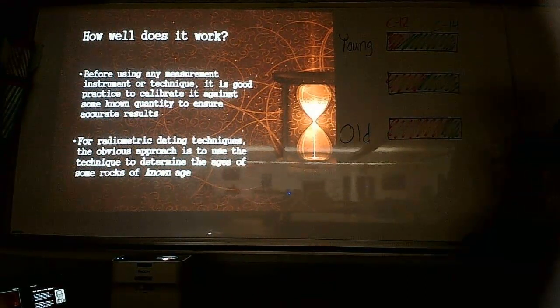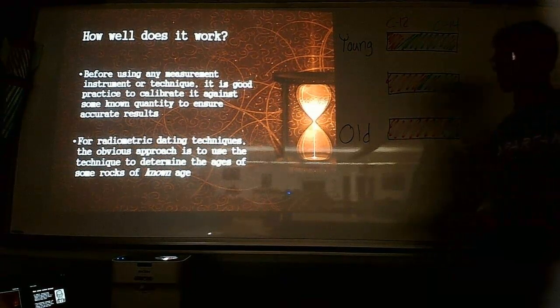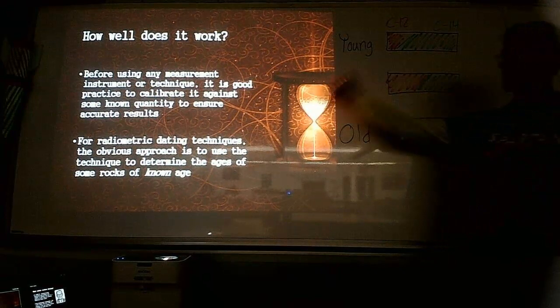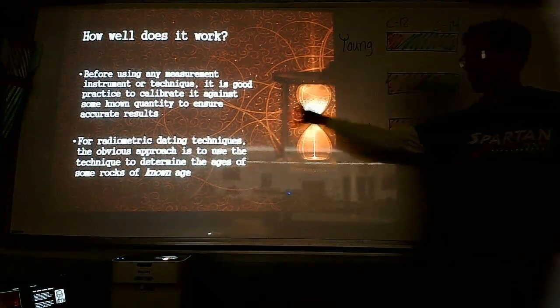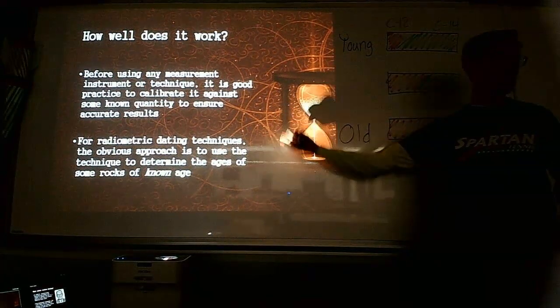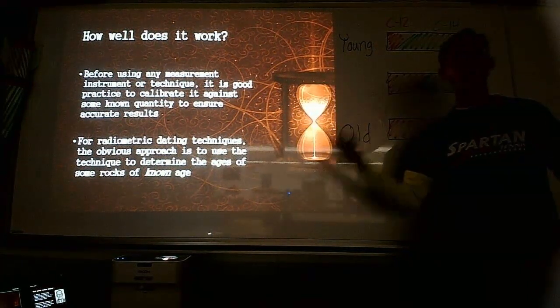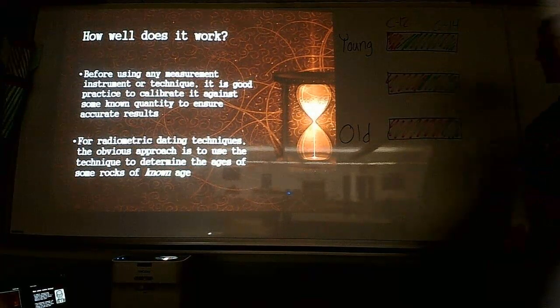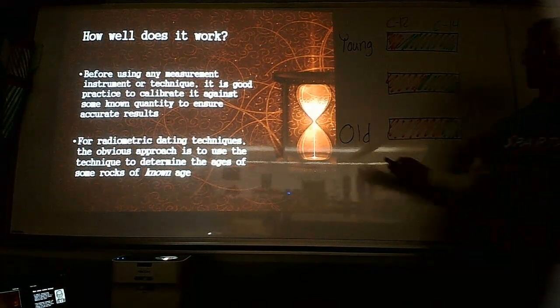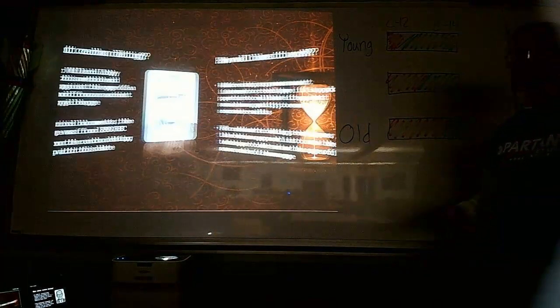For radiometric dating techniques, the obvious approach is to use the technique to determine the ages of some rocks of known age. And in this case, because we're using carbon dating, we want to test something that isn't a rock. You can't really use carbon dating to test rocks, but things like wood, living creatures, stuff that breathes or takes in that carbon-12 and carbon-14, those are ideal for this methodology.